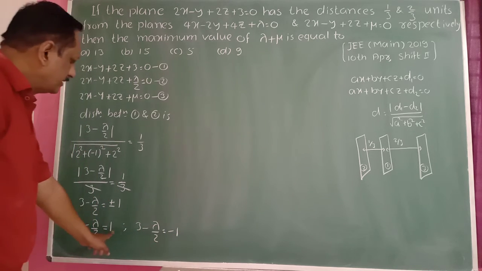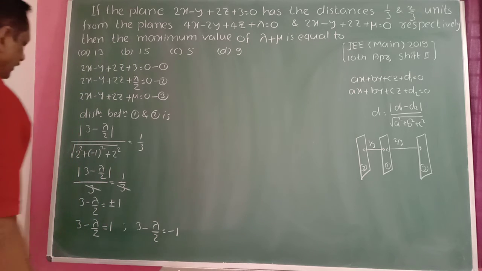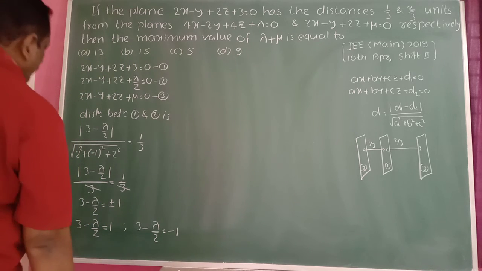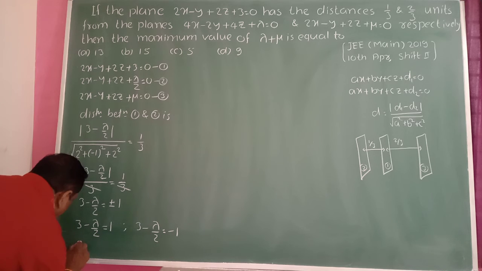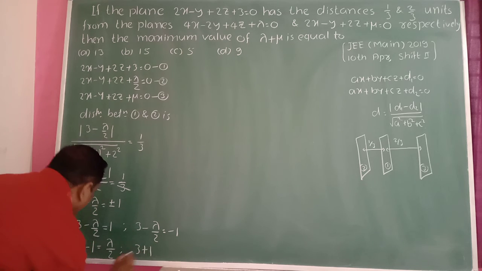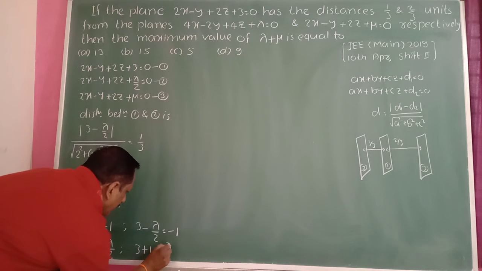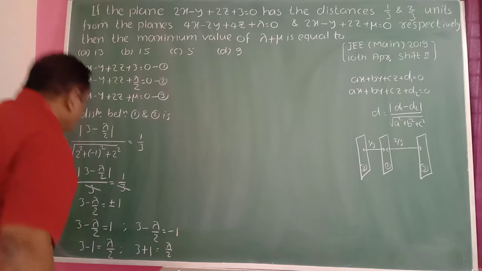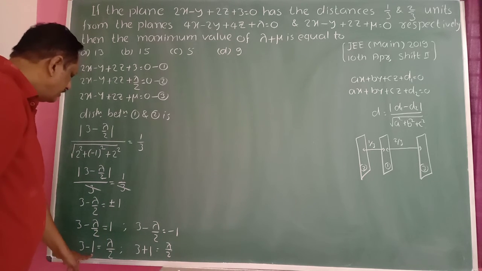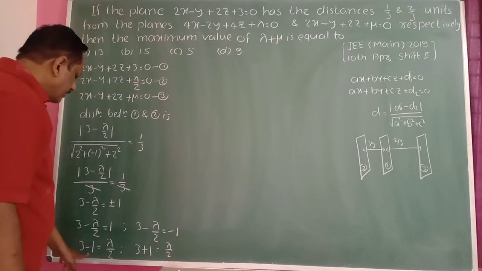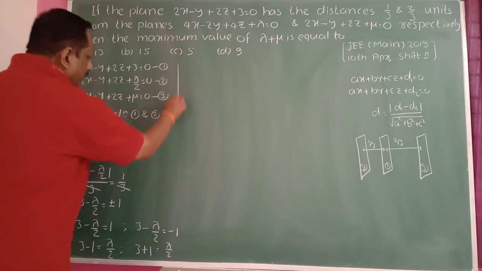Then take lambda upon 2 this side and 1 the other side. 3 minus 1 is equal to lambda upon 2. Then 3 plus 1 is equal to lambda divided by 2. Then 3 minus 1, sorry, 2.